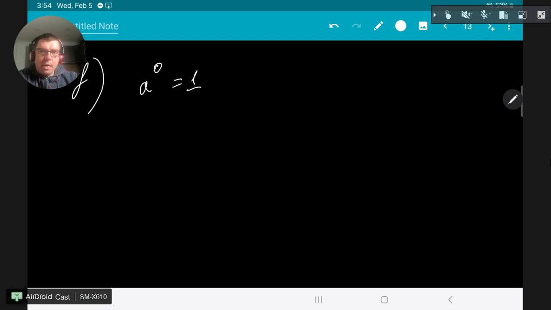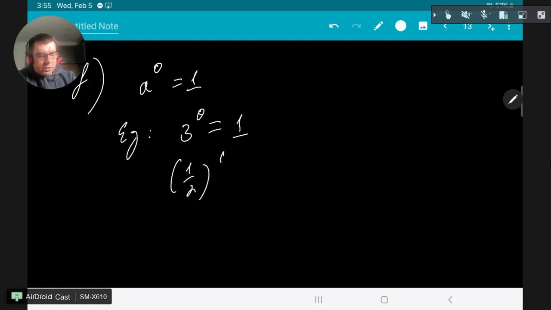That means any number which is different from 0, if I raise it to the 0 power, will give me 1. For example, 3 to the power of 0 is 1, 1/2 to the power of 0 is 1, minus 3 to the power of 0 is 1, and so on and so forth.